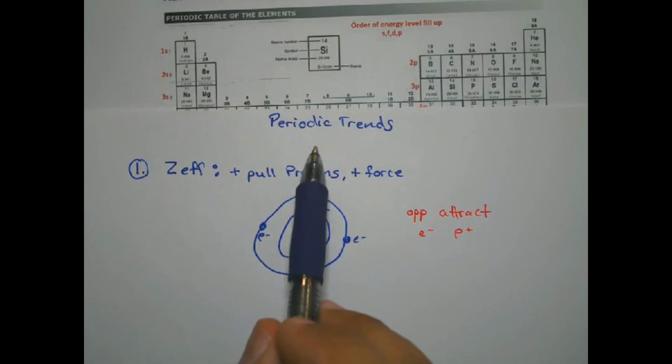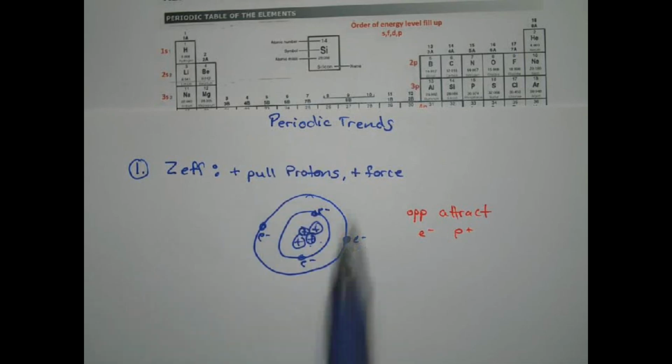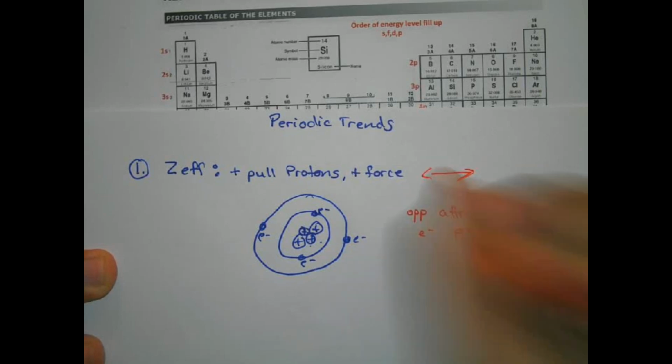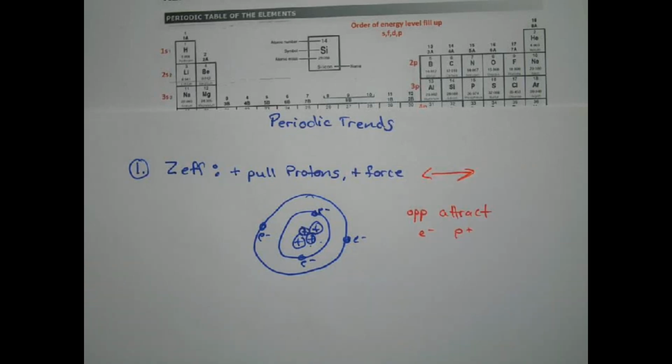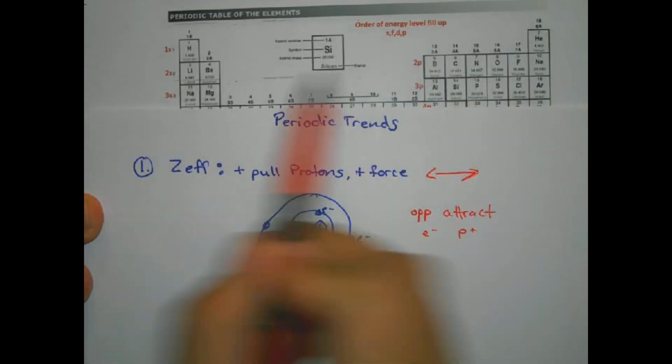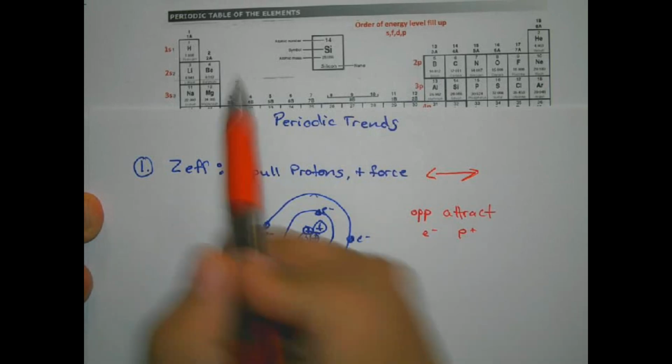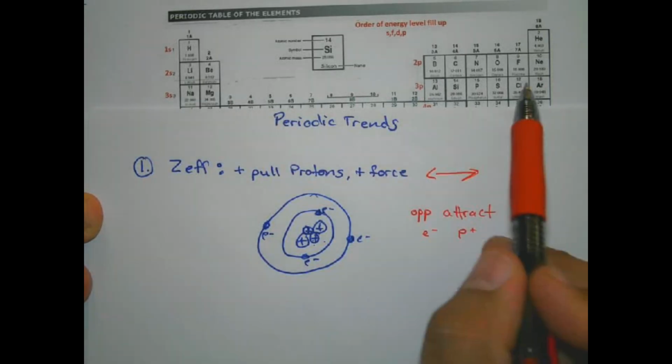It doesn't matter what trend it is, the Zeff has a lot to do with it. The Zeff deals with the side-to-side trend you find on the periodic table. When we're trying to figure out the trend for elements going side to side, we always look at the Zeff.